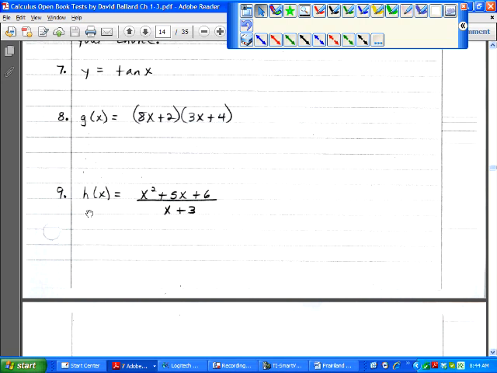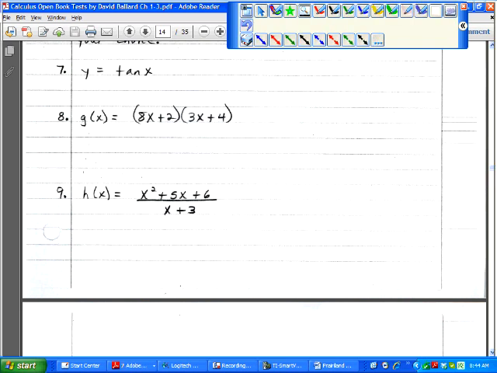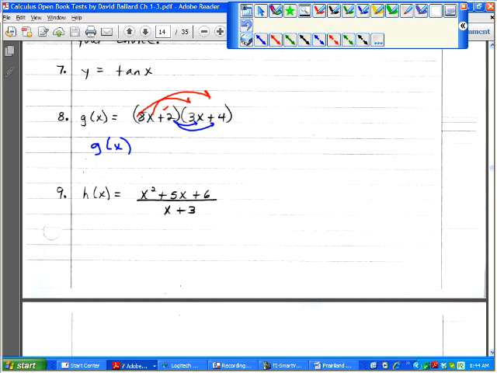Okay, number 8. We could use the product rule, or we could multiply the binomials. If we were to distribute, we could send the 8x through, and then we could send the 2 through. We're just rewriting the form of g of x. We're not taking the derivative yet. So 8x times 3x is 24x squared.